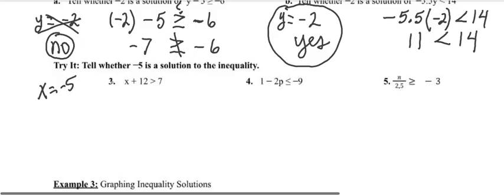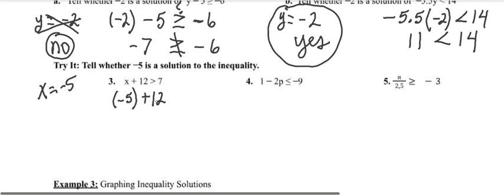Tell whether -5 is an answer. So instead of x, we take out the x and put in -5. Correct. So put your parentheses, put -5 inside there, close the parentheses, then write out the rest of the problem.